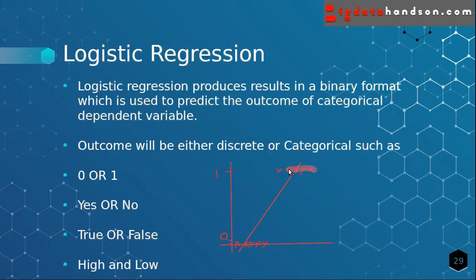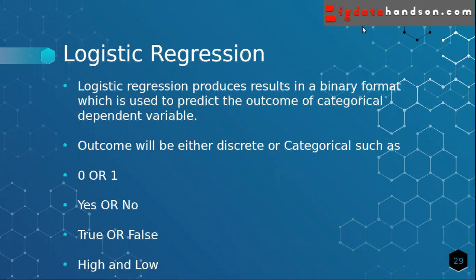It's called a sigmoid line, like this. If you create a sigmoid line, you can see these points are now correctly predicted and these points are correctly classified, right? So logistic regression is nothing but creating the regression line as a curved line. That's what we do in logistic regression.